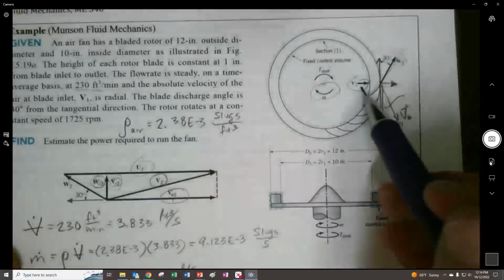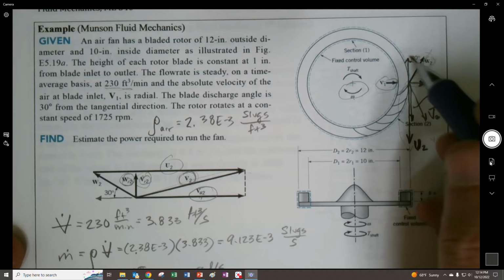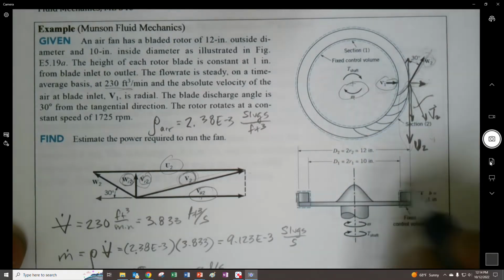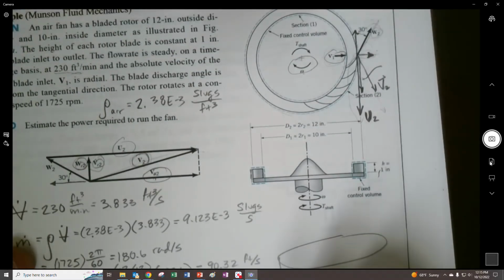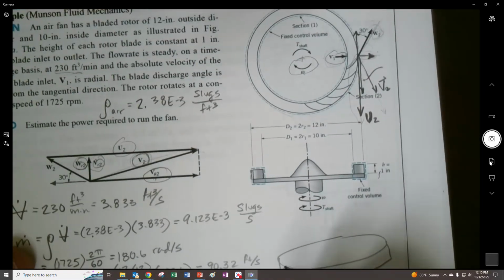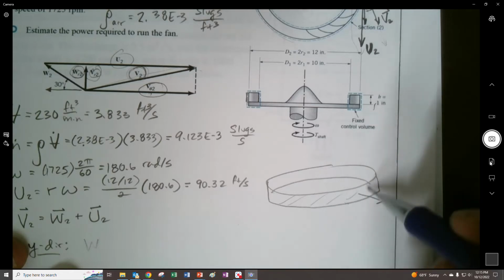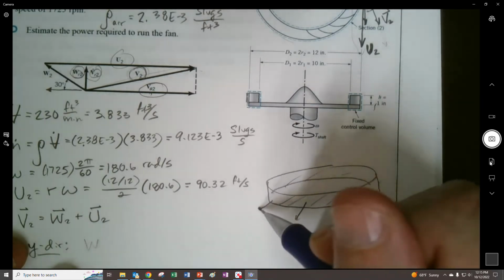For one thing I know about it, I know the flow rate, and this is the total flow rate. And that flow rate is going to be exiting through a band, right? So let me draw it like this right here. It's going to be a band right here, and it's exiting that direction right there. So I want to get the area of that band. It's exiting in all directions right here.